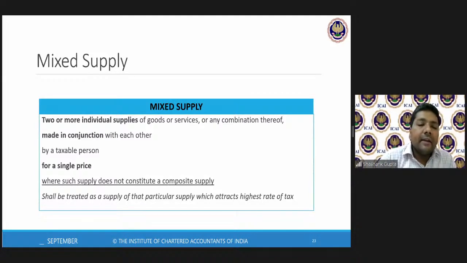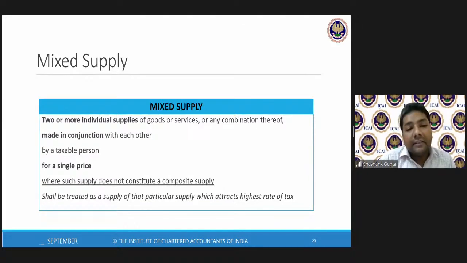Then it says made in conjunction with each other, that is, they should be supplied in conjunction with each other by a taxable person for a single price.